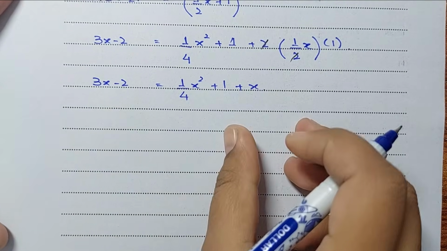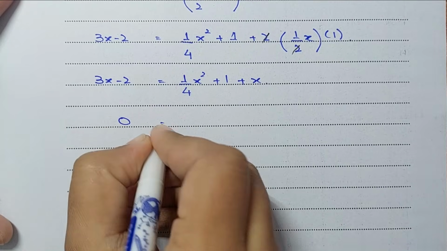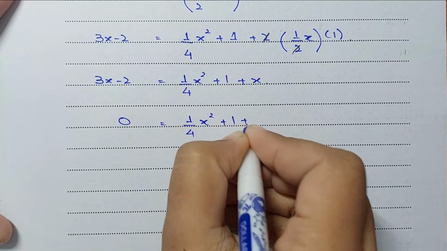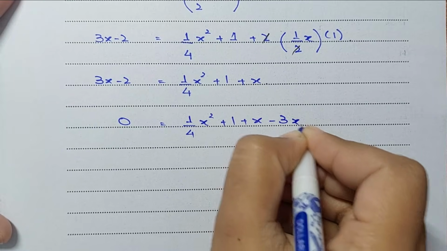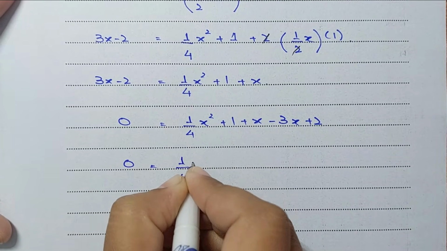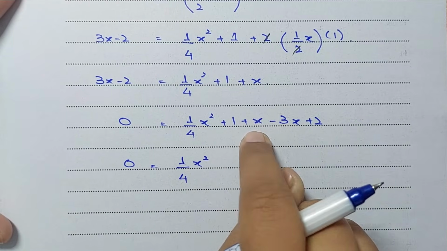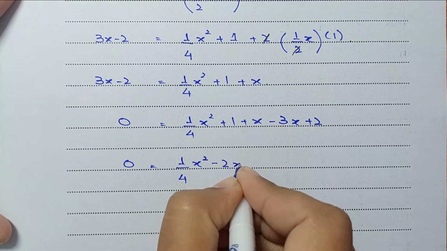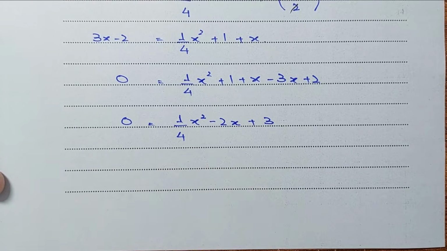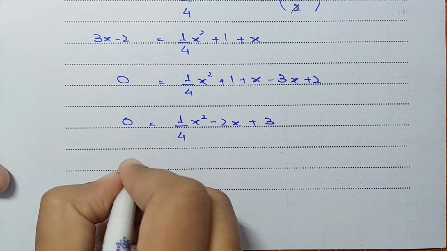Okay, now shift these terms to the left side. So right side is 0, and 1 over 4 x squared plus 1 plus x minus 3x plus 2. 0 equals 1 over 4 is the coefficient of x squared, negative 2 is the coefficient of x, and 3 is the constant term. Now multiply everything by 4.